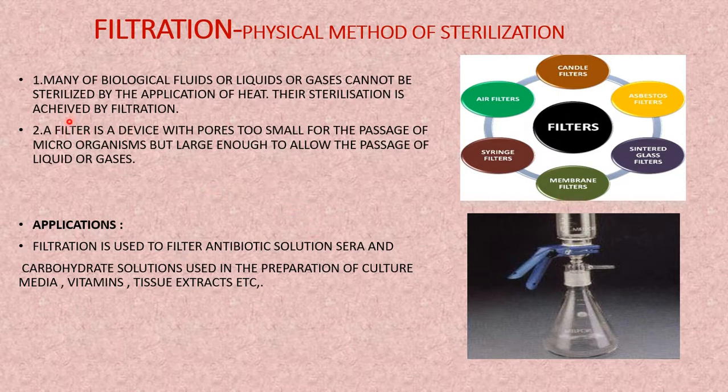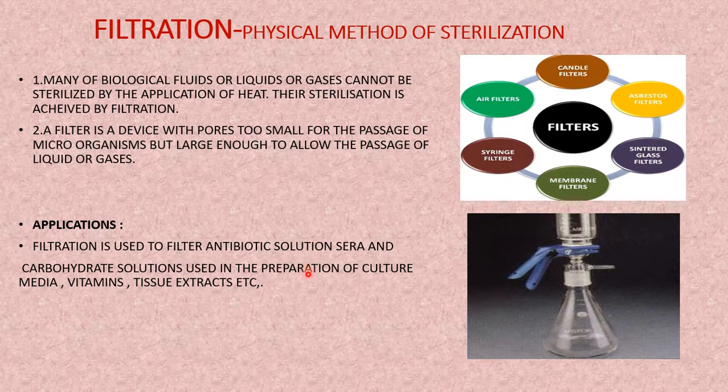A filter can be of different types. Here you can see the different types of filters: candle filters, air filters, syringe filters, membrane filters, sintered glass filters, and asbestos filters. We have many different types of filters to filter gas as well as liquid substances.